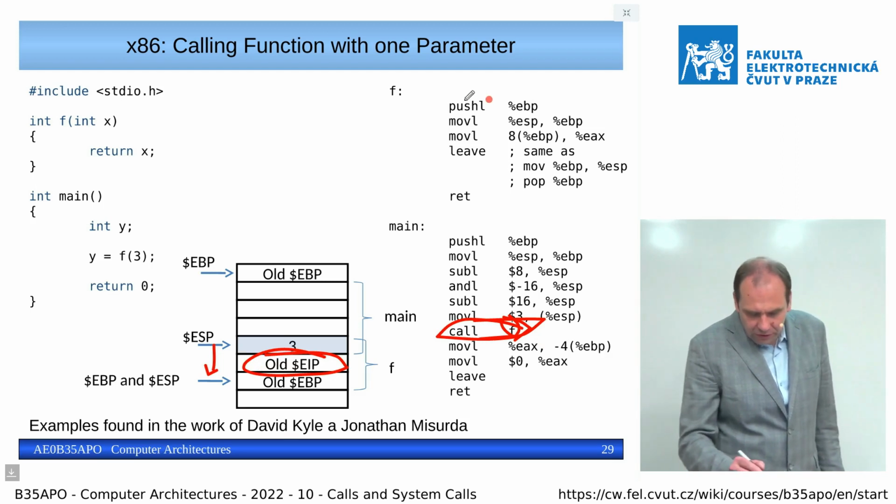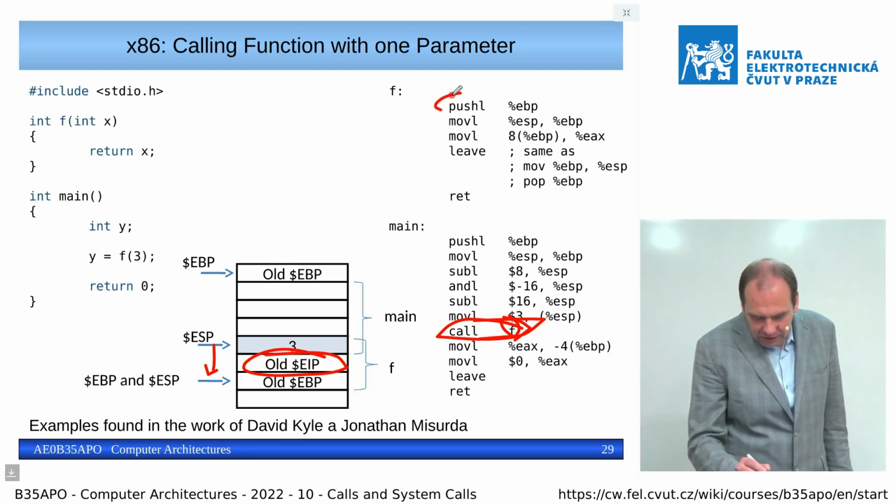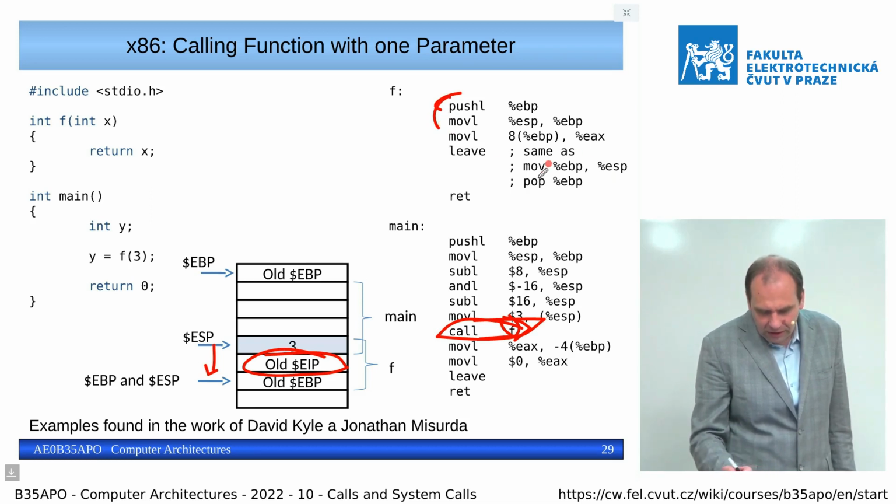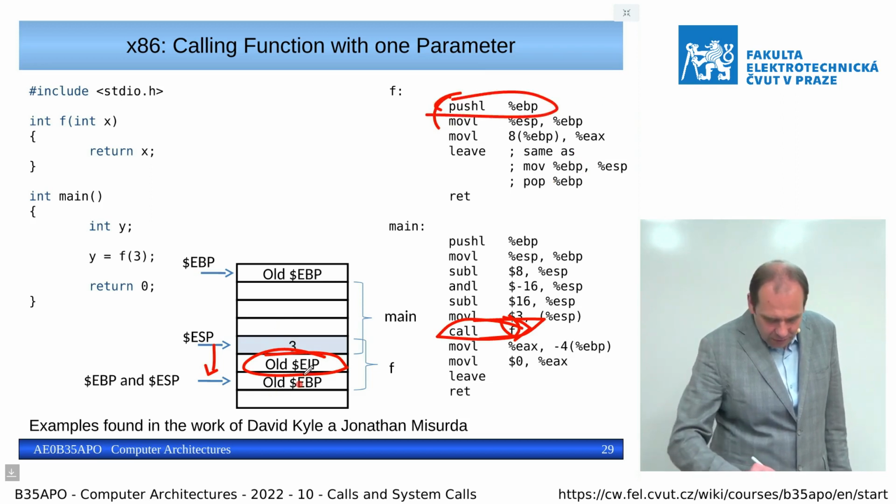And usually the function starts with building the stack frame. It is not necessary. You can tell the compiler to omit the frame pointer, and in this case it would not do this mechanism. But in this case it pushes EBP again, so it moves the stack down. It sets ESP to EBP again.